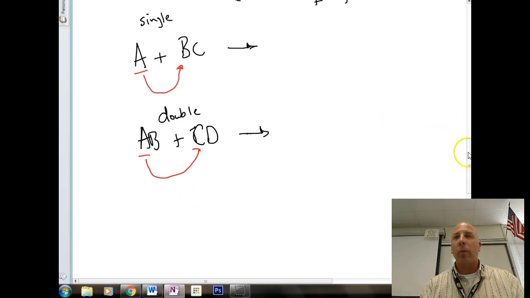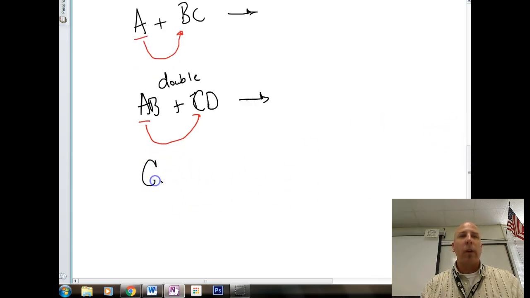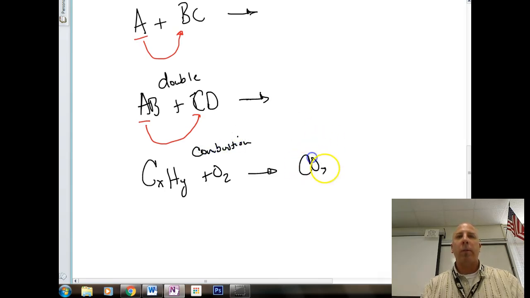And then, of course, the one we just talked about, which is our hydrocarbon burning in oxygen. And you just need to recognize that as a combustion reaction. And you're going to put the same two products, CO2 and water. There we go, and then just balance. So that's today's lesson on how to predict chemical reactions for 3 of the 5 chemical reactions that we talked about.